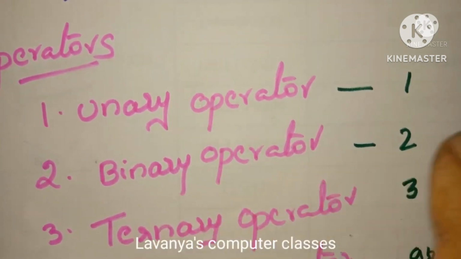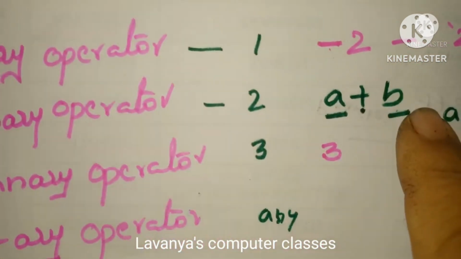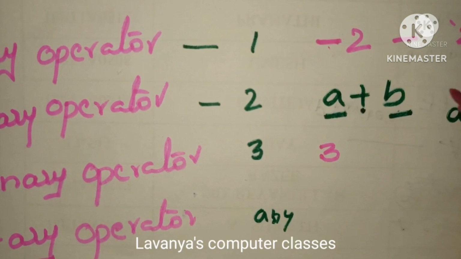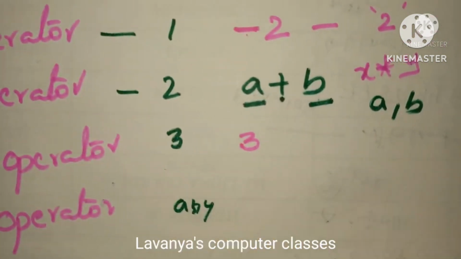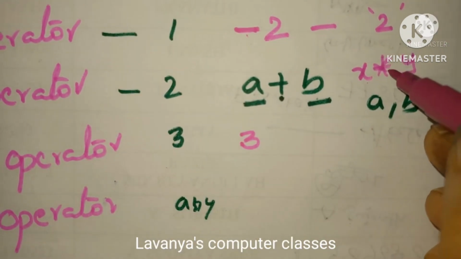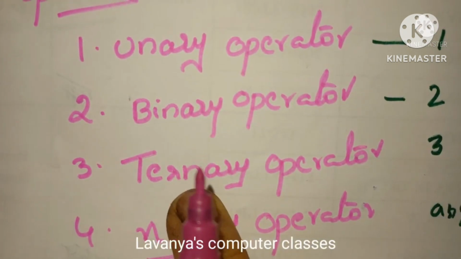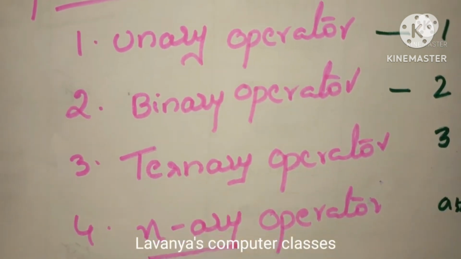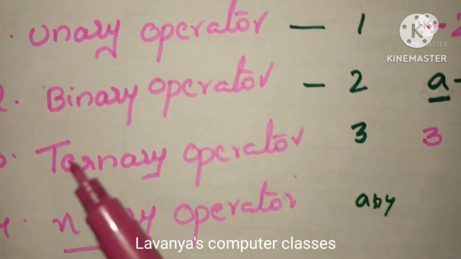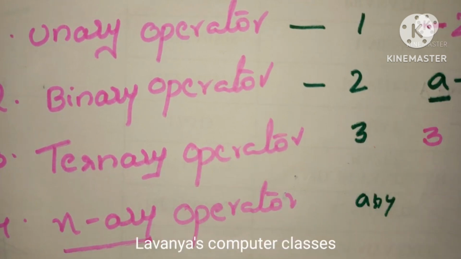A binary operator is any operator working on 2 operands, like A plus B, or x into y. Into is a binary operator because it is working on two variables, x and y. For a ternary operator, the operator works on three operands. In C language only one such operator is there, the conditional operator.